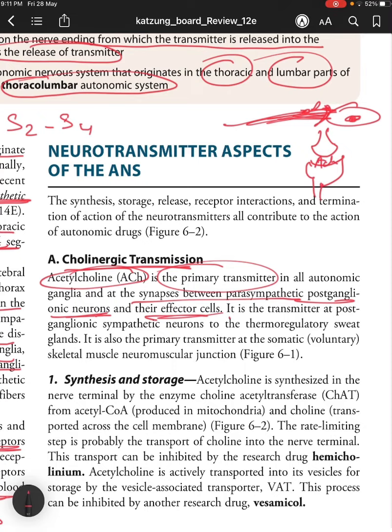It is also a transmitter at the postganglionic sympathetic neurons to the thermoregulatory sweat glands.